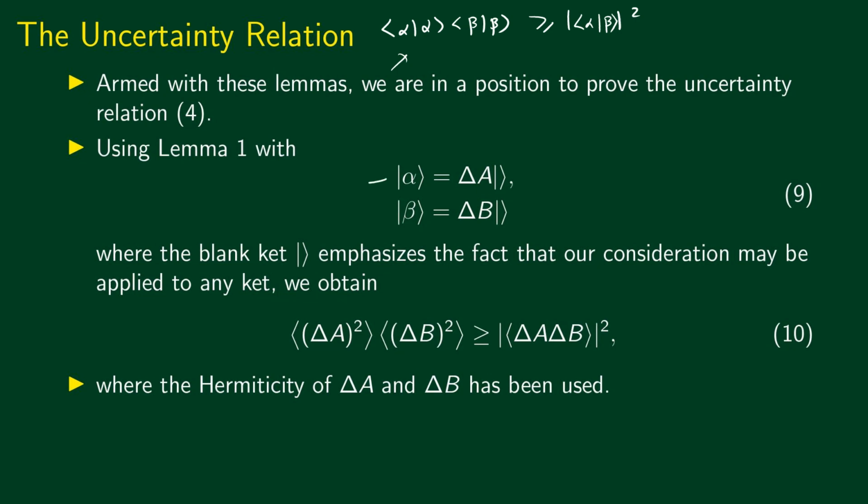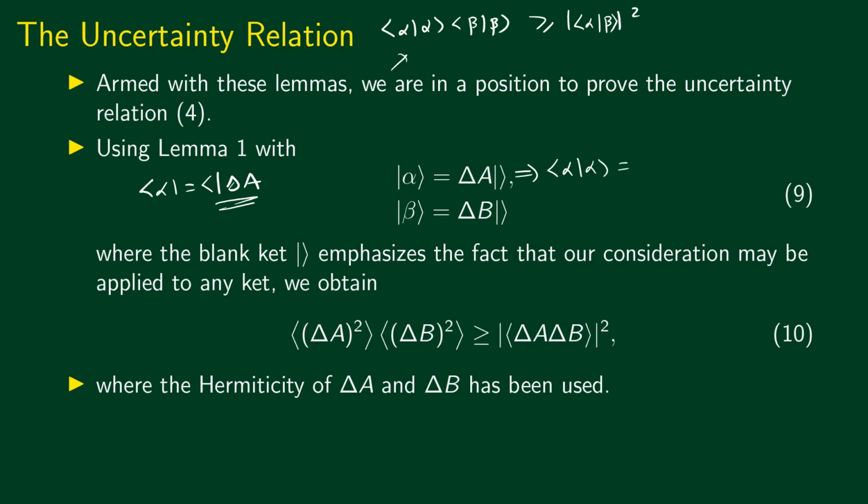If this is ket alpha, then the corresponding bra alpha is the blank bra acted upon by the operator delta A. The ket becomes the corresponding bra, and delta A becomes delta A dagger, but we are dealing with a Hermitian operator, so it is simply delta A. So we can find bra alpha ket alpha, or bracket alpha alpha.